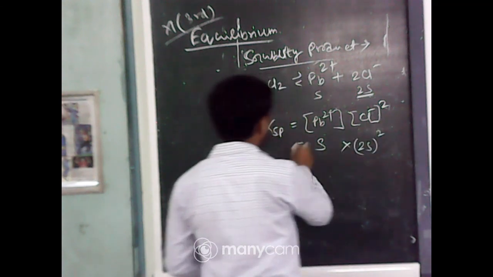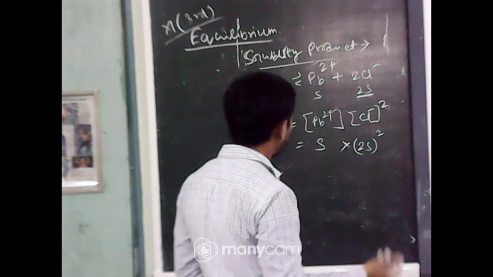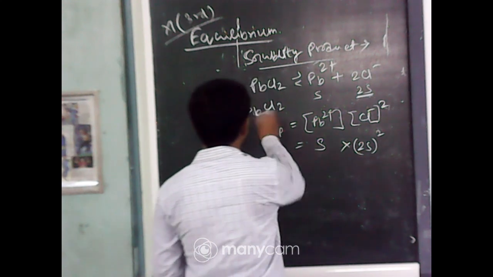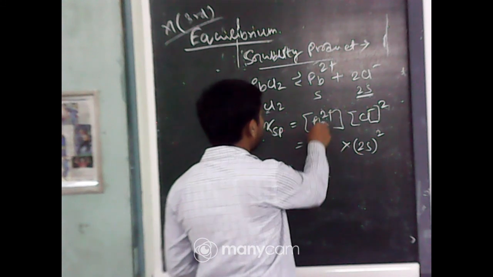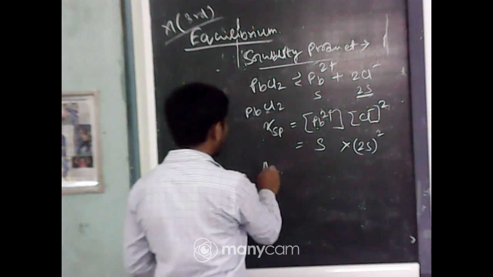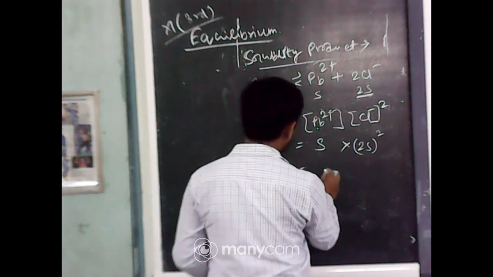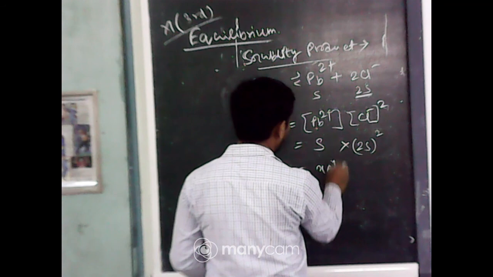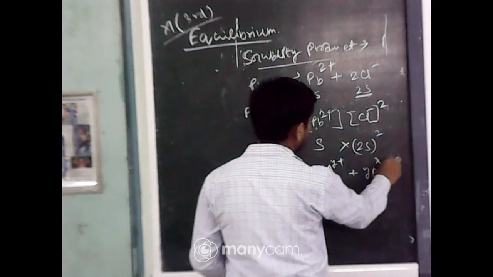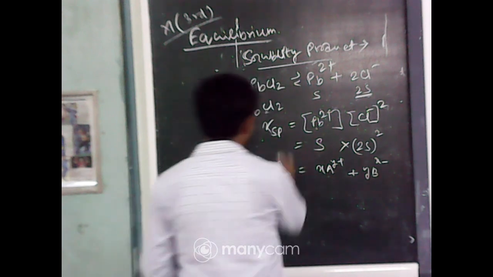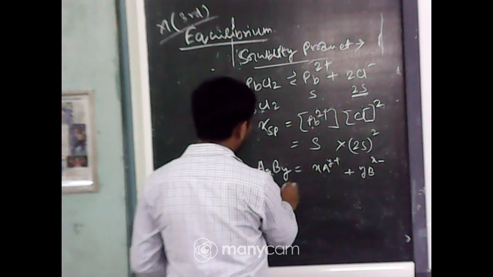Now, follow here for PbCl2, the Ksp can be represented with the general formula AxBy, which gives xA y plus and yB x minus. Here x is 1 and y equals 2.